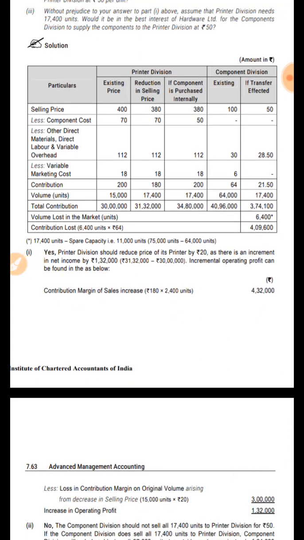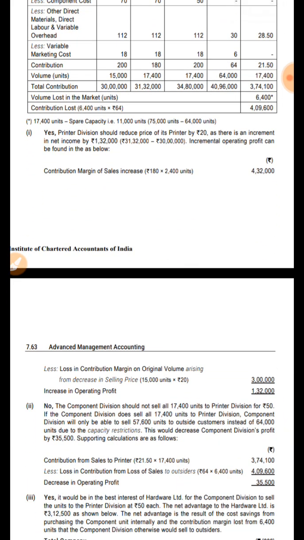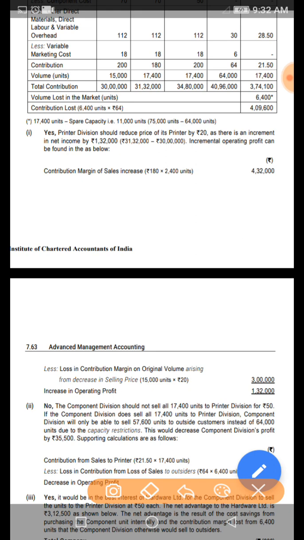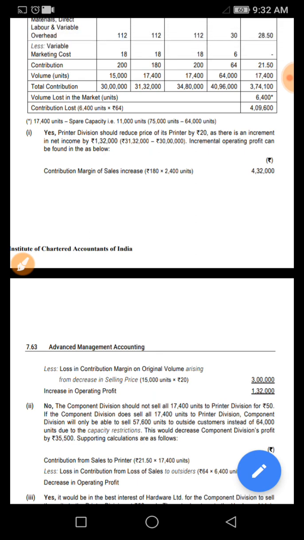And because of that, how much are we losing in contribution for the 15,000 units which we are already selling? On that, we are losing 20 rupees. So 15,000 into 20 rupees, 3 lakh we are losing, and we are gaining 4,32,000. So ultimately the operating profit is 1,32,000. Anyways, profit is increasing. So yes, the printer division should go for it.